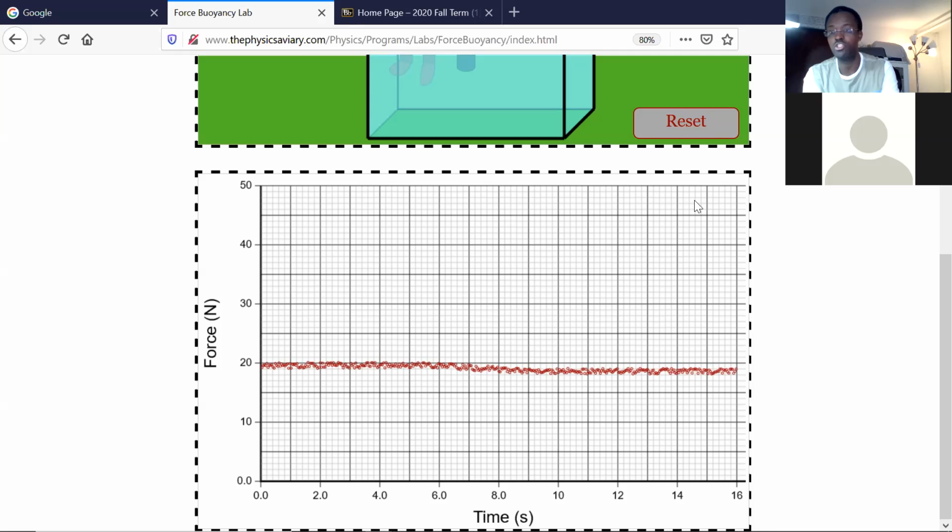Because you see the apparent weight changes. The actual force will not change. Okay? It's always the same. But the apparent weight changes. So we are interested in its value at the 16th second. And then what is the buoyant force at that time? So somebody?